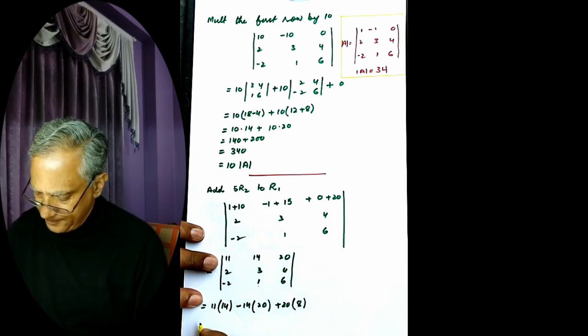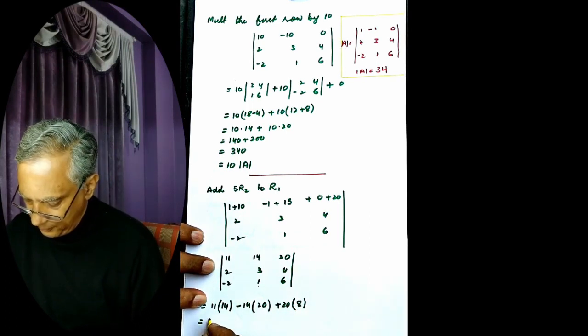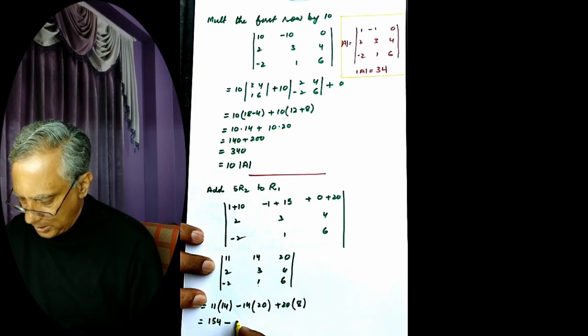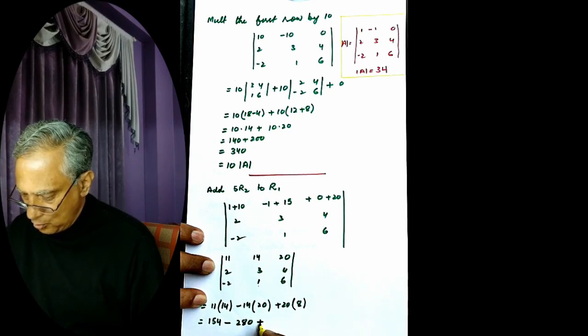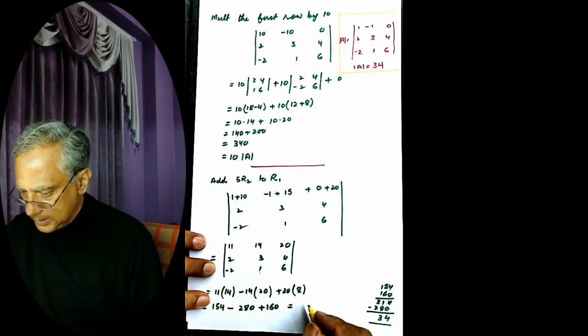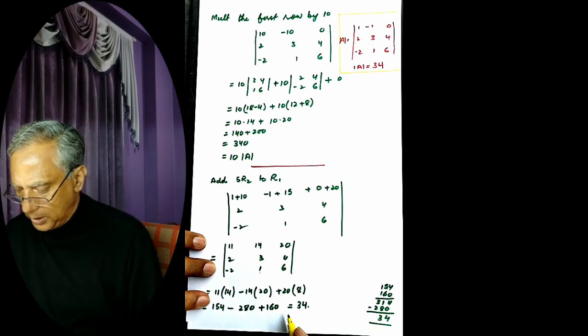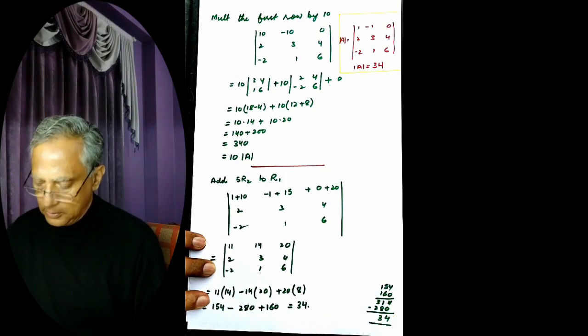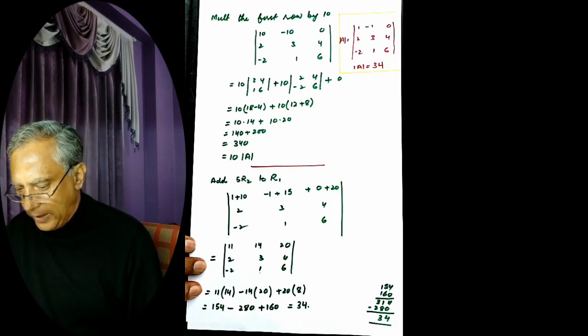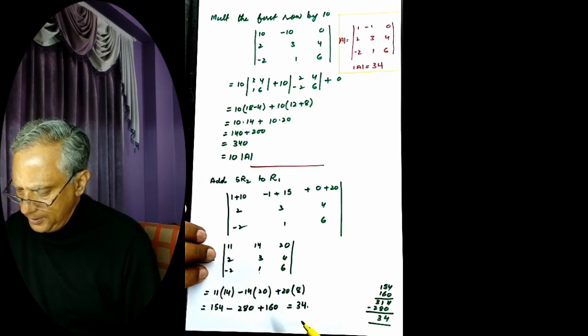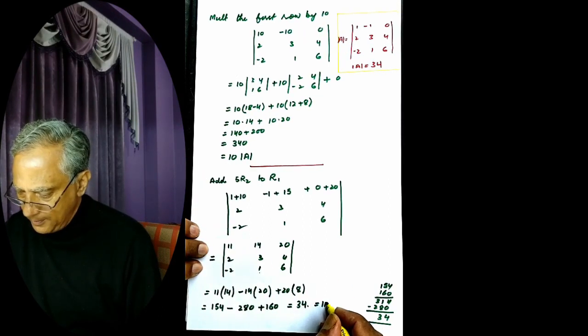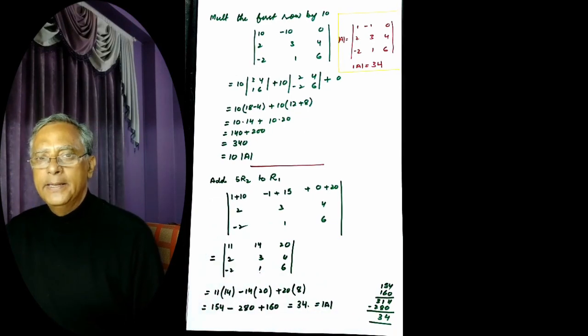And we get 154 minus 280 plus 160. This is equal to 34. You can see the rough calculation. So the value remains unchanged. This is the same as the value of the determinant A.